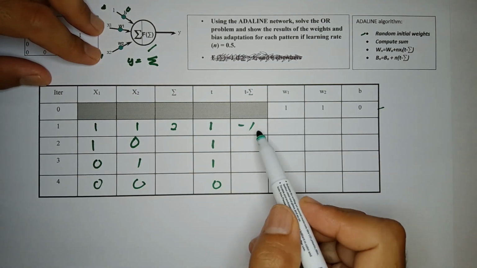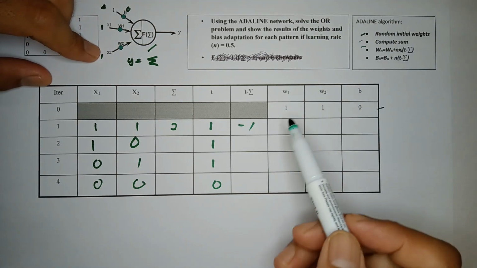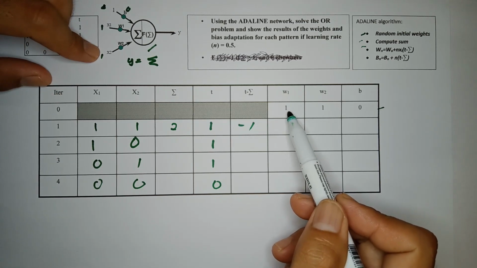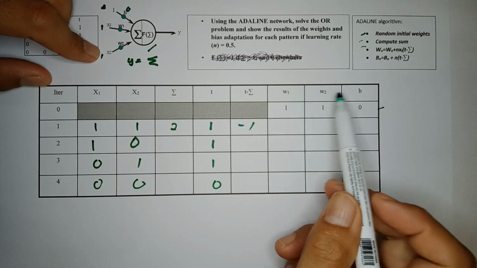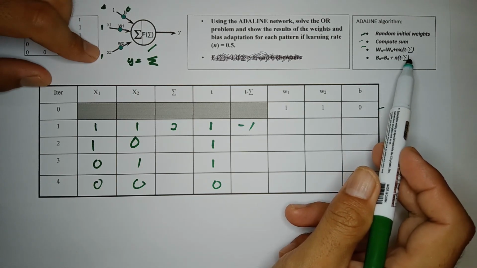We are settled. The next part is the weight adaptation. For this case, W new equals W old plus n times x times (t minus summation).